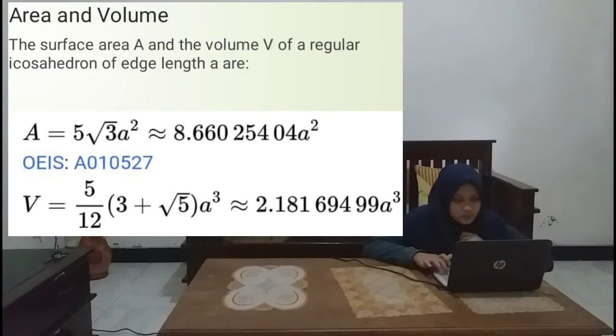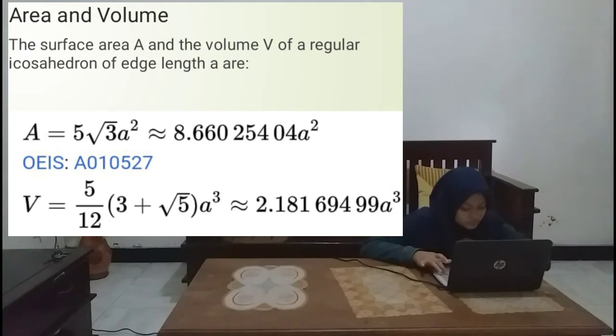And about area and volume: the surface area A and the volume V of a regular icosahedron of edge length a. The area equals 5 times the square root of 3 times a squared, approximately 8.6602540 a squared.